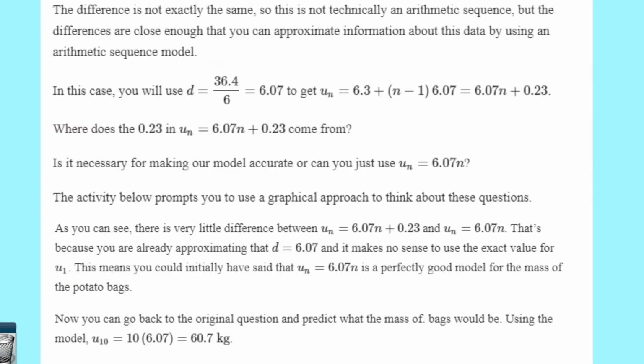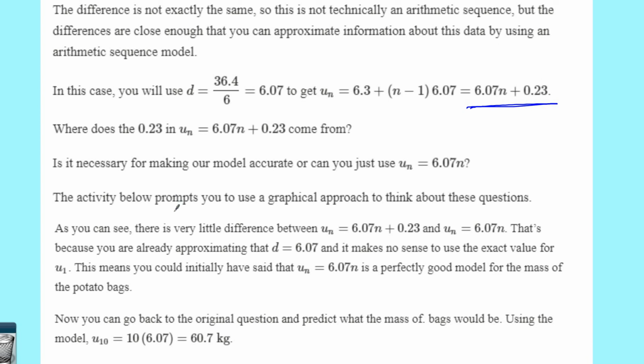It's not technically an arithmetic sequence, but they're close enough that you can approximate the data. So we find the average difference and get 6.07, and then we can find an average equation, our best guesstimate.